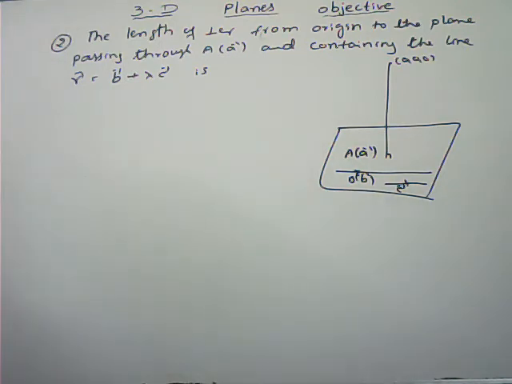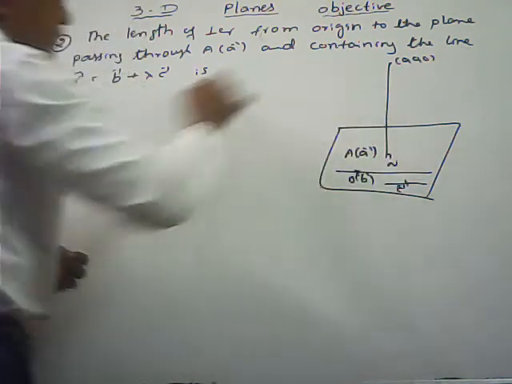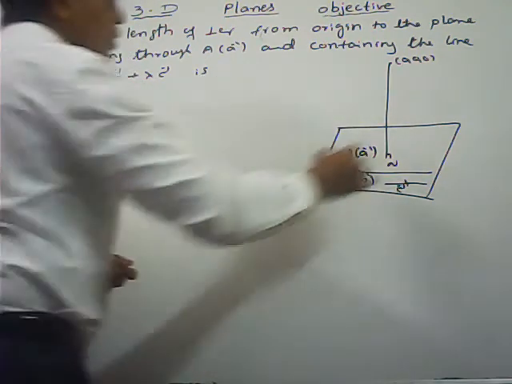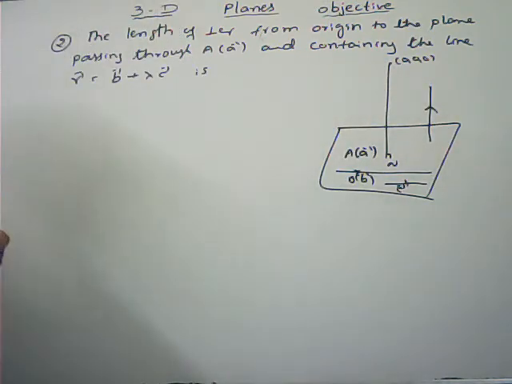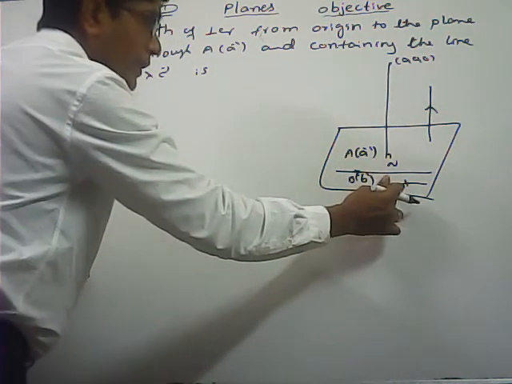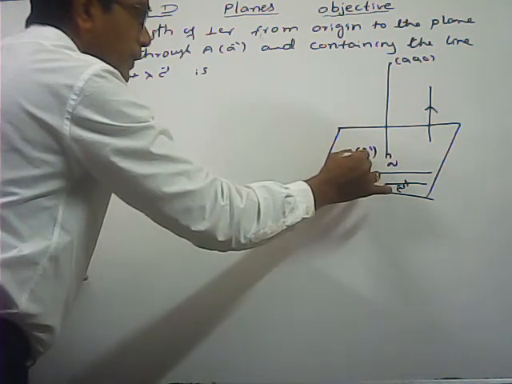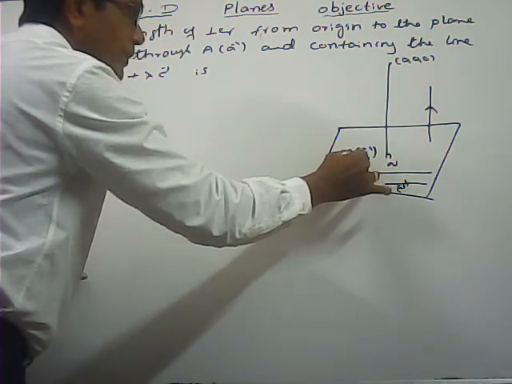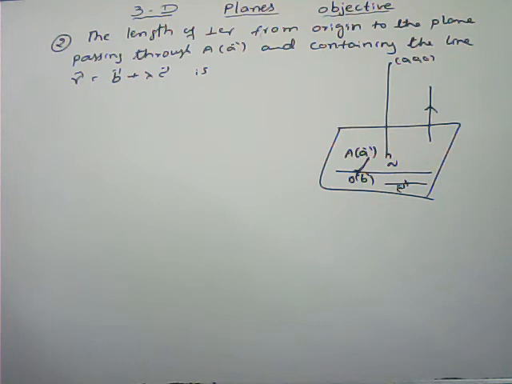Now how to get the length of the perpendicular from the origin to that plane? Let that be D, and let the normal be n. Now what is the normal vector of this plane? Only one vector c bar is given, and two points A and B are given. By joining these two points you get one vector, AB bar, and c bar.